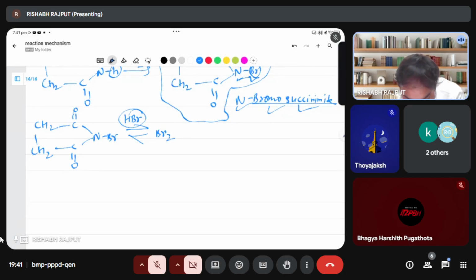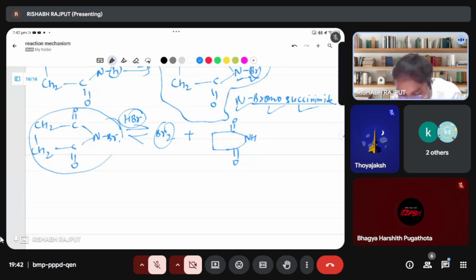They will make Br2 and they will make this compound. I will make it like a circular diagram, I will not draw carbon here. They will make it like this. If you are putting Br2, they will convert into NBS. This will continue because here the Br concentration is very low, so that is why you are getting allylic substitution here.